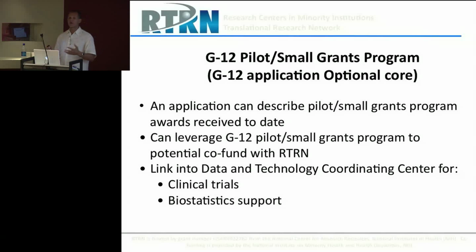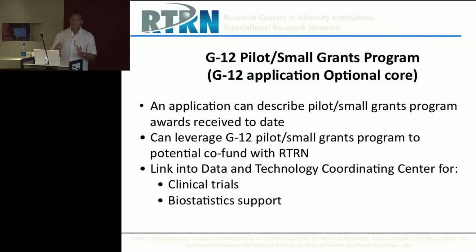So we heard some small grants programs say there has to be one basic scientist and one clinical or behavioral scientist as part of the application. And that's one way to promote collaborations if you do that. For some of the RCMI clinical and translational research centers, several of the programs have structured the small grants program to say some of these will be targeted for partnered projects with the RTRN pilot or RTRN small grants program for co-funding there.